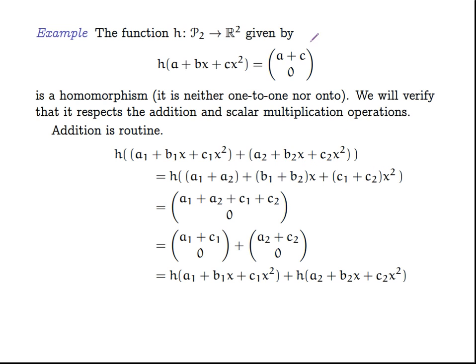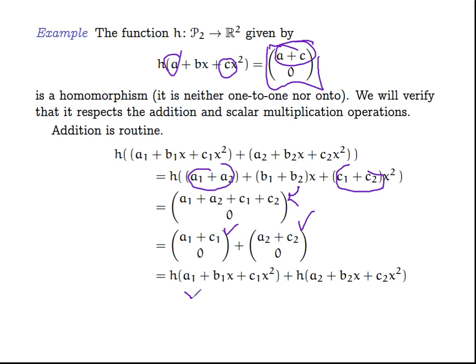If you apply this rule to this new polynomial, taking the constant term plus the x squared term, well, here the constant term is a1 plus a2, the x squared term is c1 plus c2. We put that in the first entry here according to this rule. And we can break this vector apart by the usual rules of vector addition. And here we have h of the first polynomial, and here we have h of the second polynomial. So this verifies the property for addition.